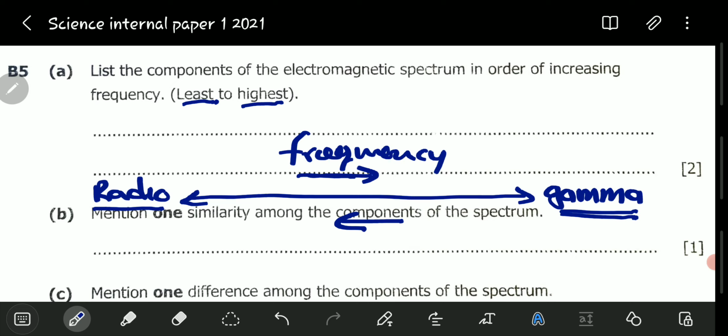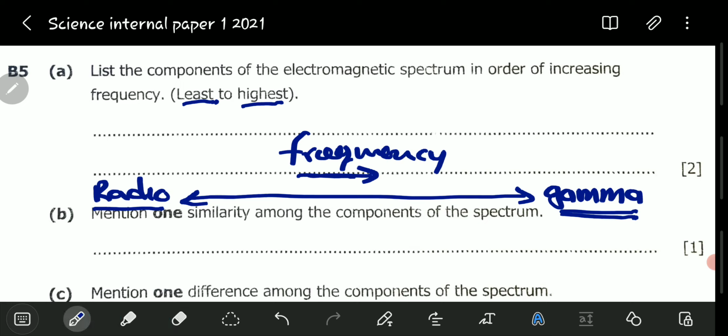And when we go from gamma to radio waves, the wavelength increases. So the increase in wavelength from gamma to radio waves is none of our concern in this particular question. Our concern will be the frequency. So in this question, we concentrate on the increasing frequency.